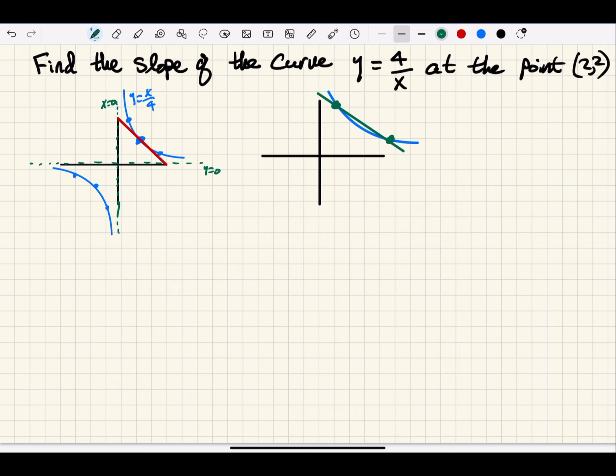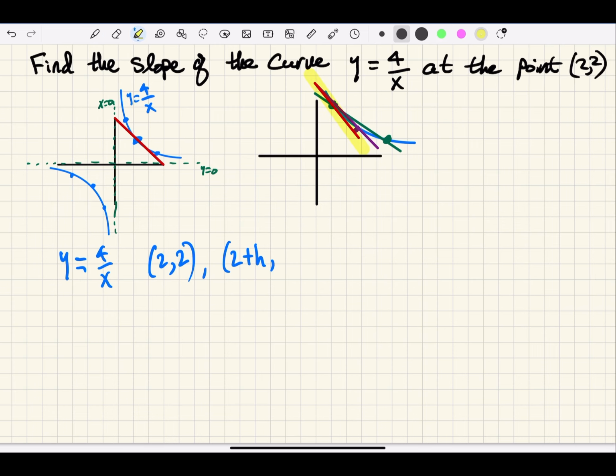Now, if we were to imagine bringing the second point closer to the first and then drawing another secant line, we could keep doing this until finally the distance between them is 0. And rather than having 2 points, we would have 1 point and a tangent line. So that's what we're going to try to do.